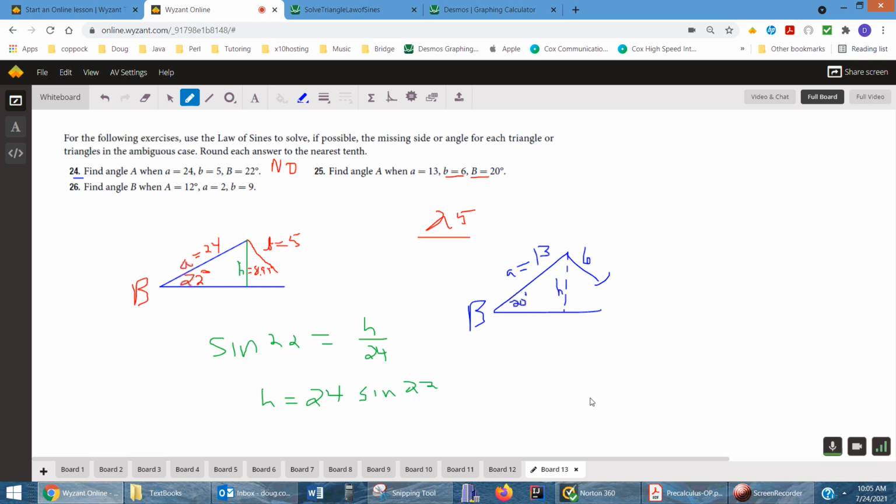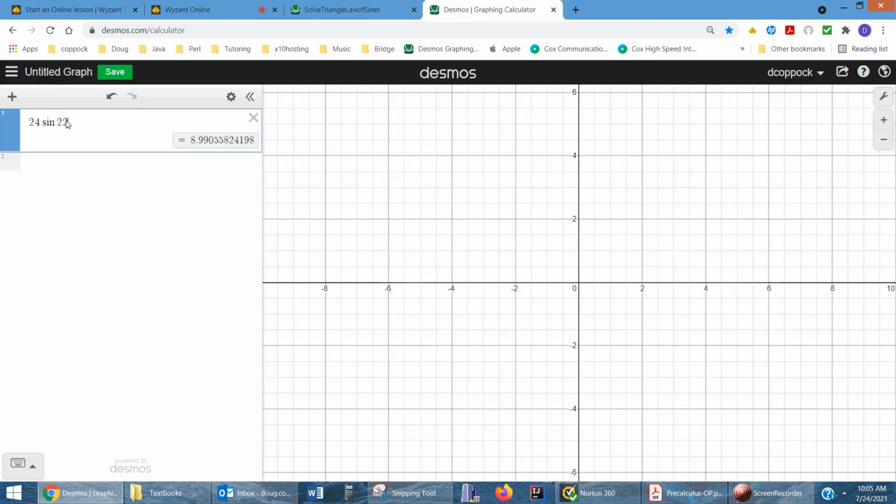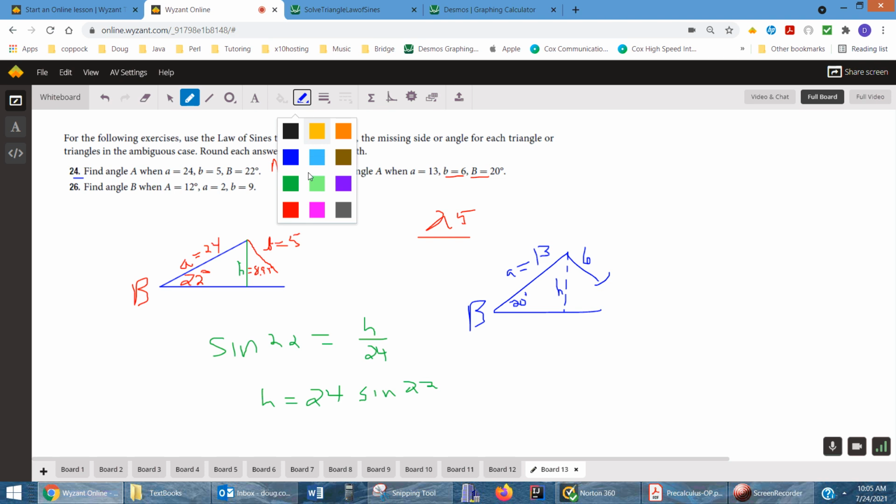Well, h is 13 sine of 20. 13 sine of 20 is 4.4. Since 6 is greater than 4.4 but less than 13, we're going to have 2 triangles.